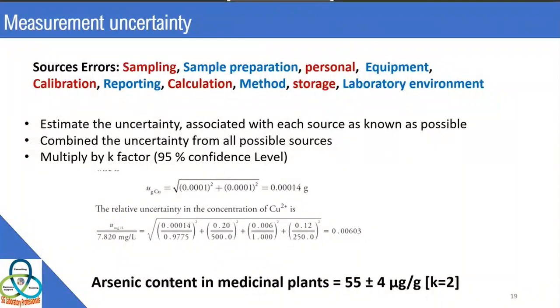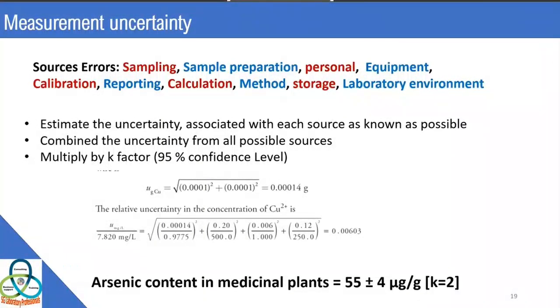Under this, you consider all possible sources of error by combining the standard deviation or relative uncertainty of each source. Then you take the square root, from which you get the combined uncertainty. That will tell us how good your method precision is, which sources are contributing more, and whether there is any possibility to improve or reduce a particular source of error.